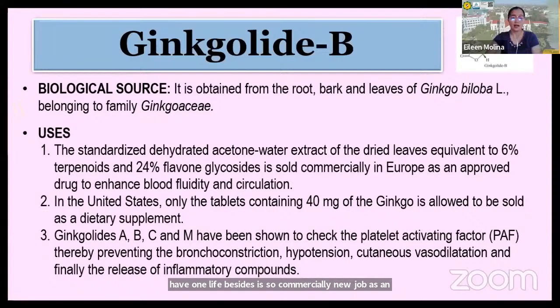When it is in a tablet containing 40 milligrams of the ginkgo, it's allowed to be sold as a dietary supplement. Ginkgolides A, B, C, and M have been shown to check the platelet activating factor, thereby preventing bronchoconstriction, hypotension, cutaneous vasodilation, and finally the release of inflammatory compounds.